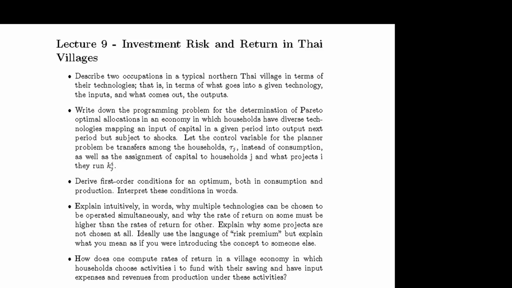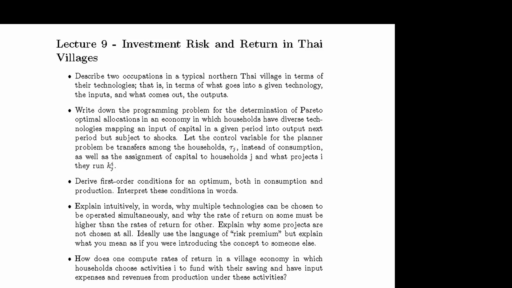Yep. Well, I'm a bit behind on the readings, but it looks like you have some technologies that have a higher expected rate of return but more risk, and some that have a lower expected rate of return and lower risk. And if these aren't perfectly correlated, then you might be able to get less risk for the same rate of return by diversification.